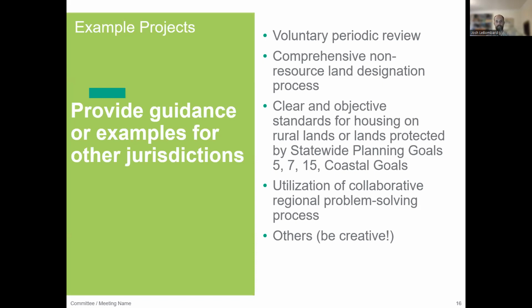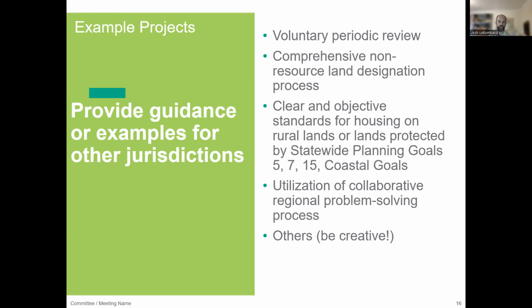The next example would be utilization of the collaborative regional problem-solving process, which is a very underutilized piece of statute that allows jurisdictions to come together and ask for some relief of administrative rules when they're looking to solve problems. So that's definitely, like I said, an underutilized process up till now.